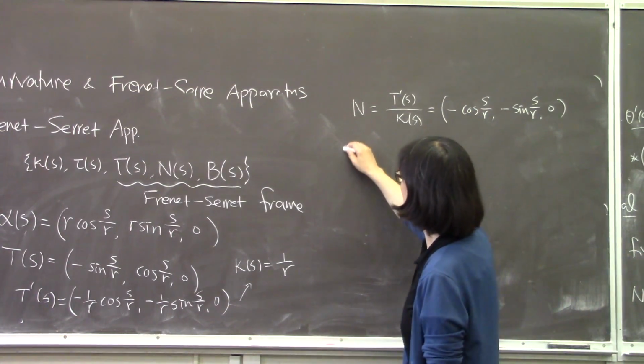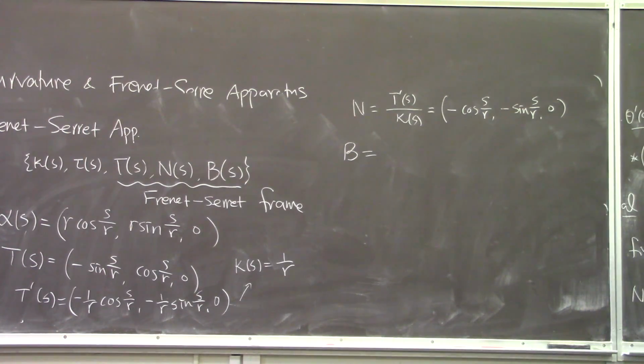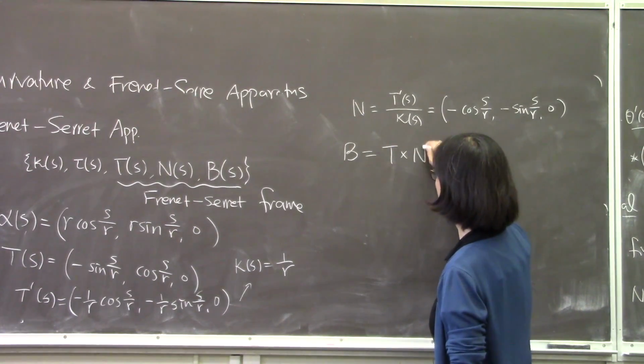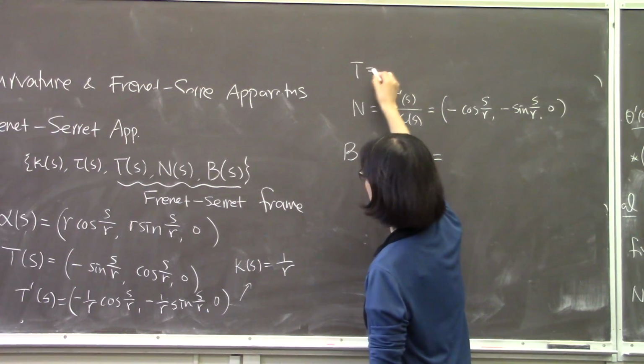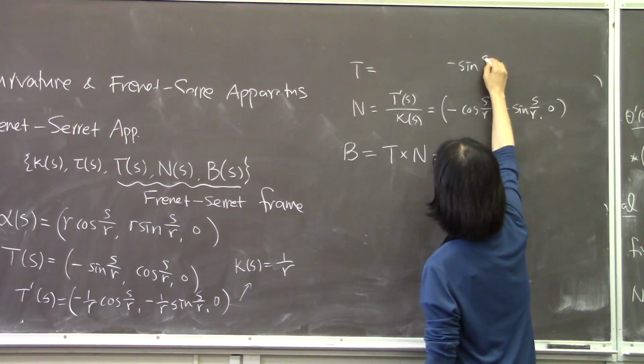Then what is B? The cross product, T cross N. So let me write T there to see better.